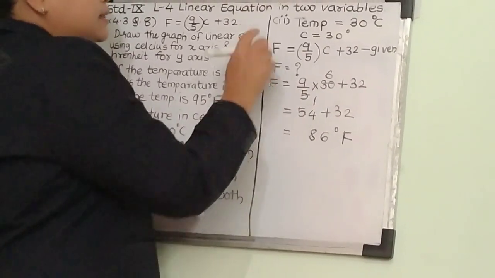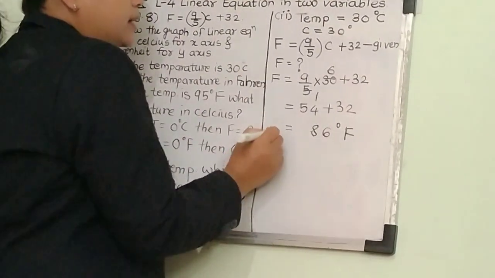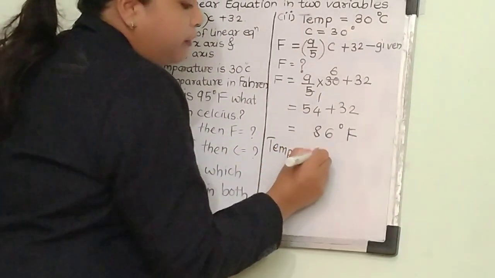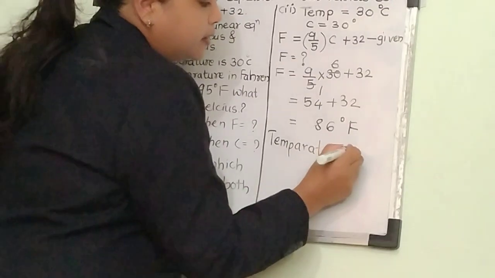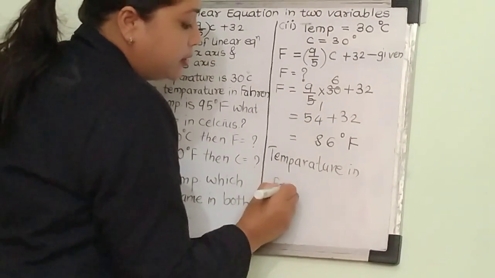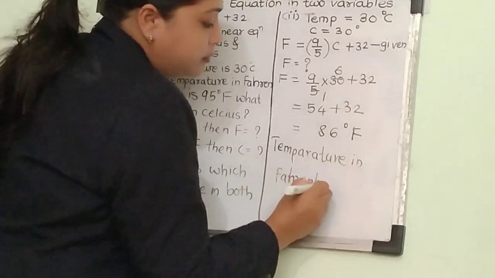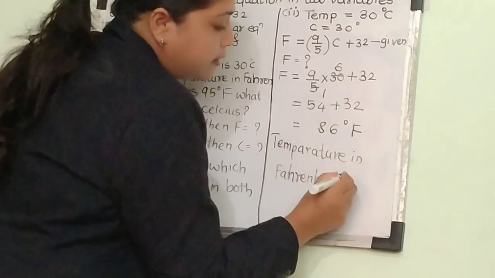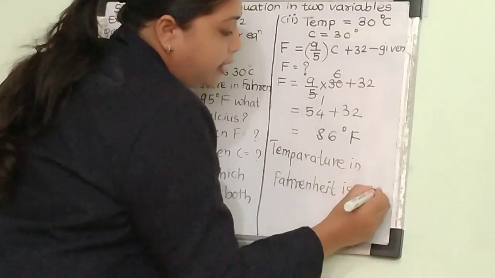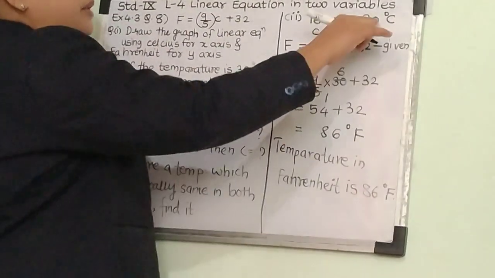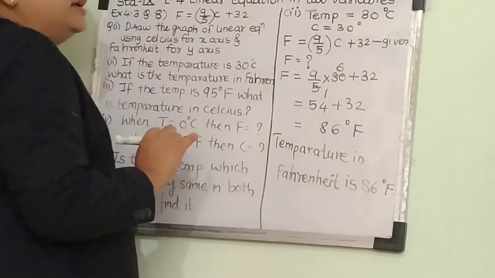So our second answer, that is the temperature in Fahrenheit, is 86 degrees Fahrenheit when the temperature given is 30 degrees Celsius.